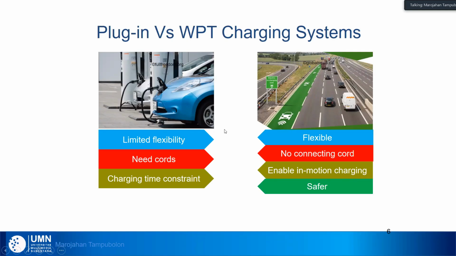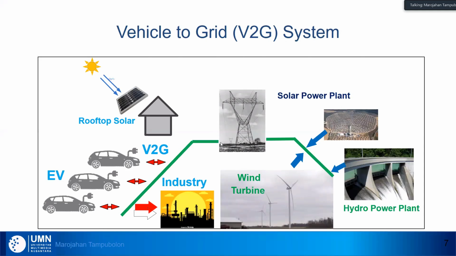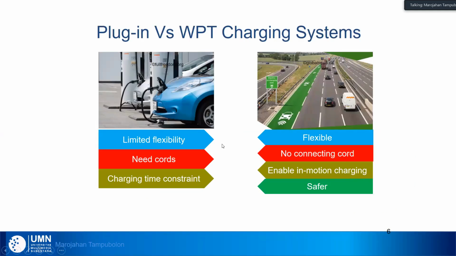If you compare these two systems, first, in terms of flexibility, of course, the wireless power transfer charging system will have more flexibility because it has no connecting cord. Another thing we need to see is the time constraint, because if we use the plug-in type, it means the EV needs to stop somewhere at the charging station until the battery is full.